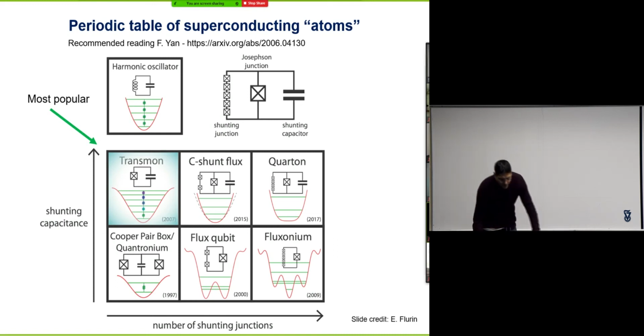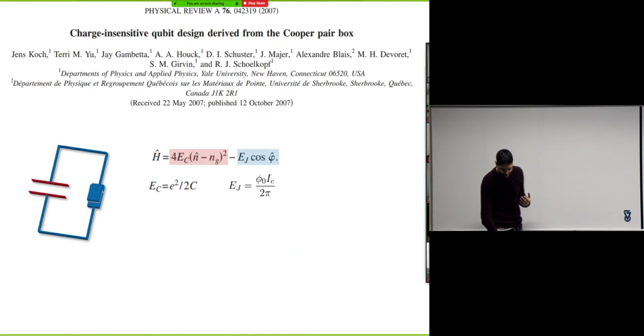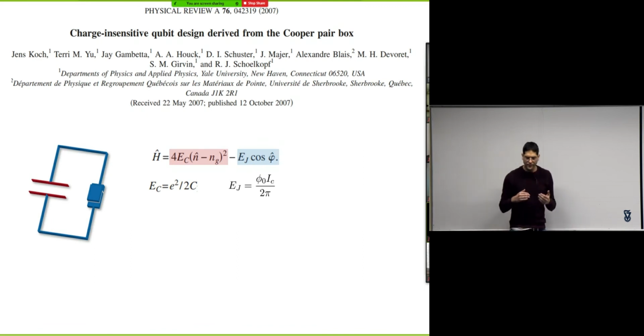The big difference between the transmon and the Cooper pair box is that the transmon has a large capacitor and the Cooper pair box has a small capacitor. But topologically, in terms of the circuit elements, they're the same. Now, for a whole decade, this Cooper pair box suffered from short coherence times.